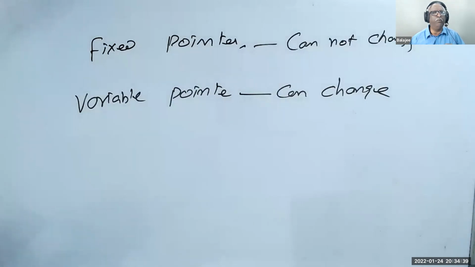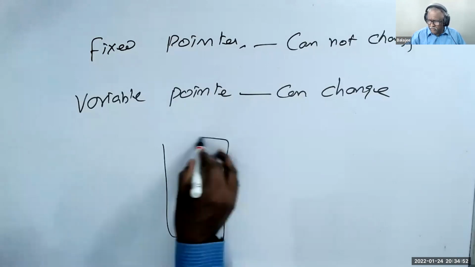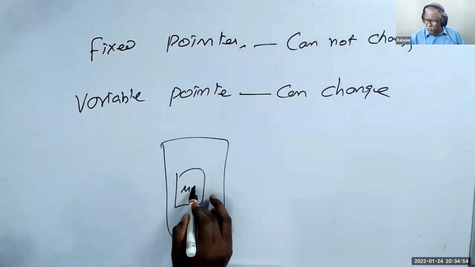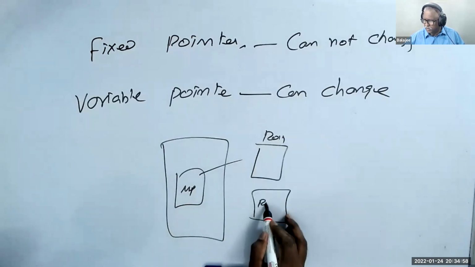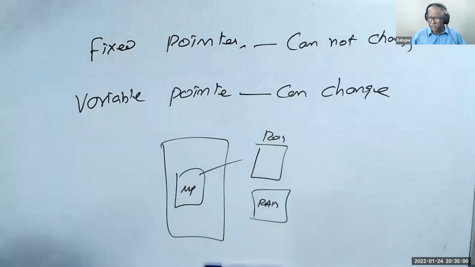When we program for a microcontroller, we know the address. In normal programming, there's something where we don't know the address. When you do microcontroller programming, there's a microprocessor, a ROM and RAM. You know the address. You can write the program anywhere, there's nothing wrong.